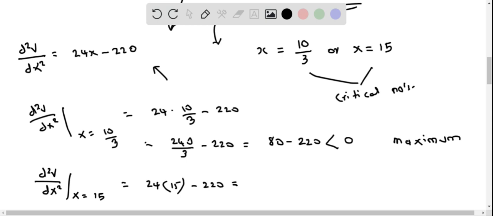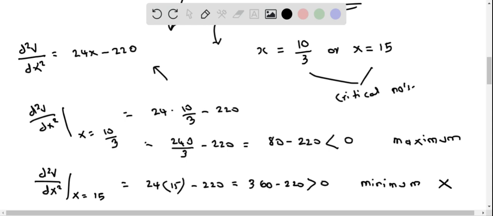So this is equivalent to 360 minus 220. This is basically greater than 0. We don't need to find the exact value once again. So when the second derivative is greater than 0, that is, it is positive, it's a point of minimum. So we can ignore this point.